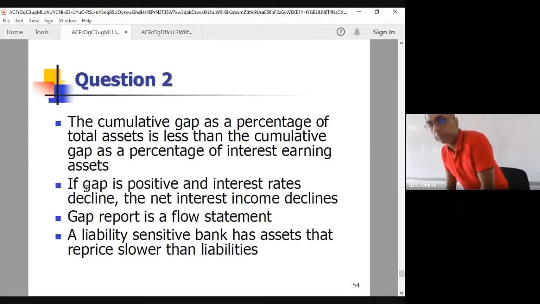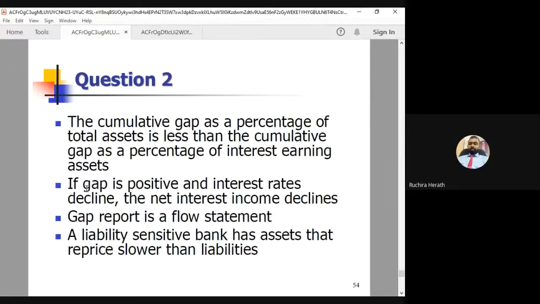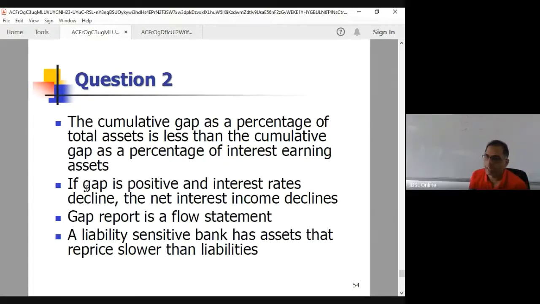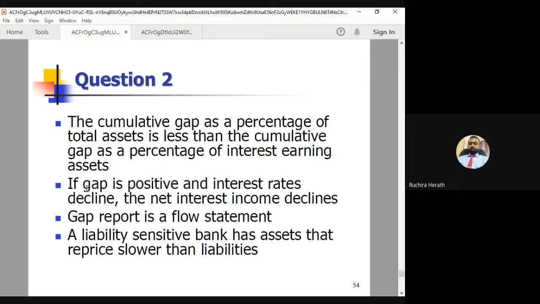Is that understood? So that thing is wrong, right? No, it's correct. It's less than the cumulative. Yeah, correct. Is that understood? It's clear. So in this example, the gap you take like 50, no?